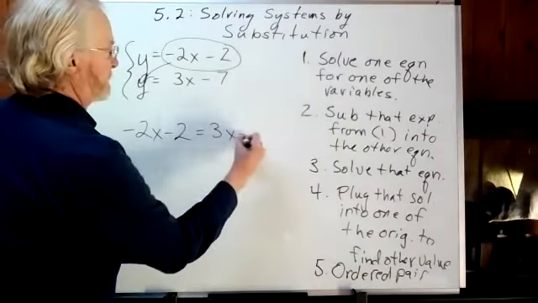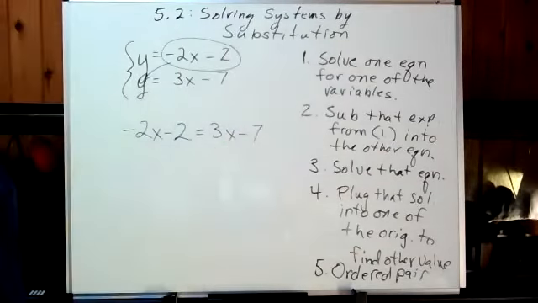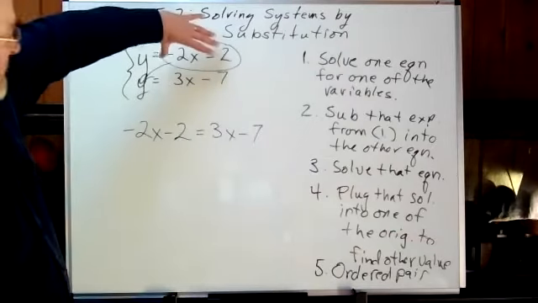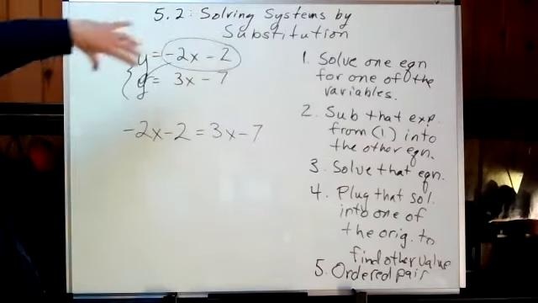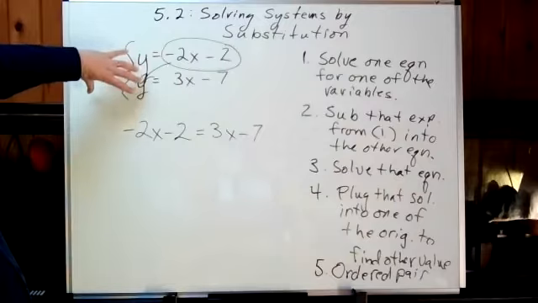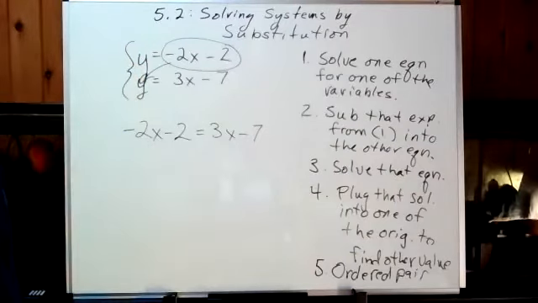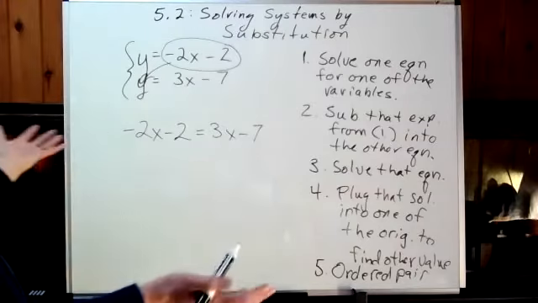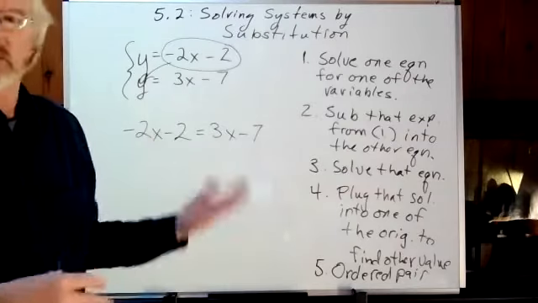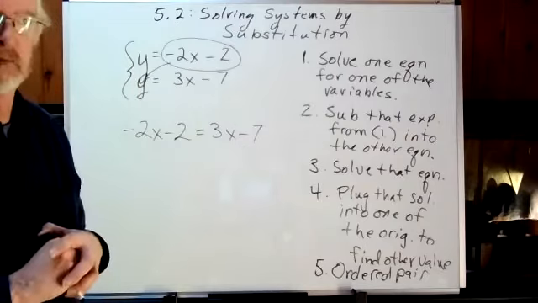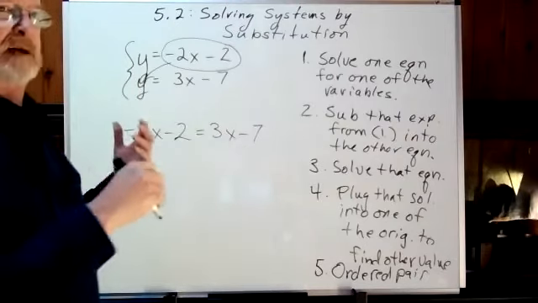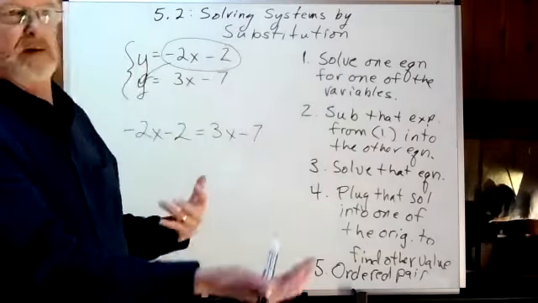So here is that substitution step. I took that whole thing and said, if that's supposed to be equal to y, then here I am putting it in over here instead of y. And I end up with that equation. This is now one of those types we practiced in chapter 2, where I've got a combination of x's on both sides and constants on both sides.